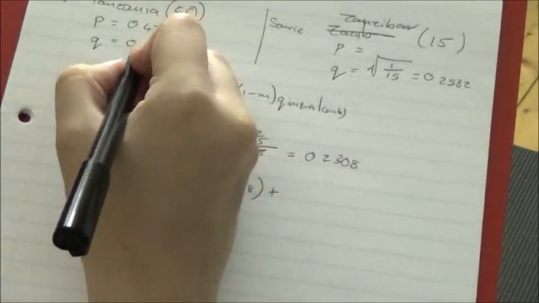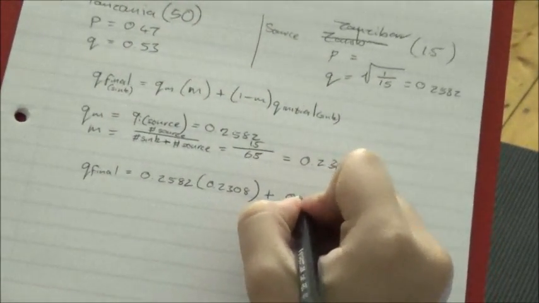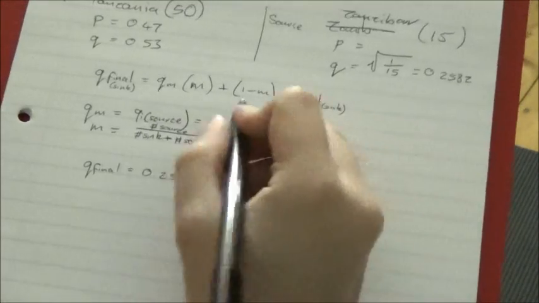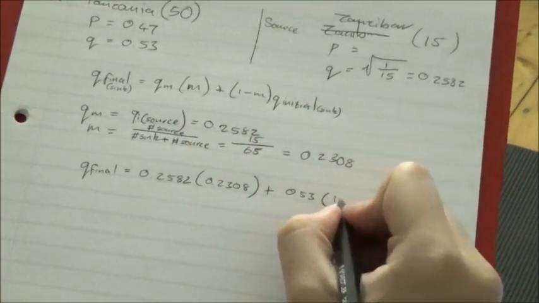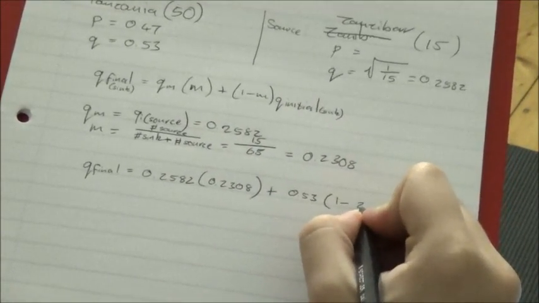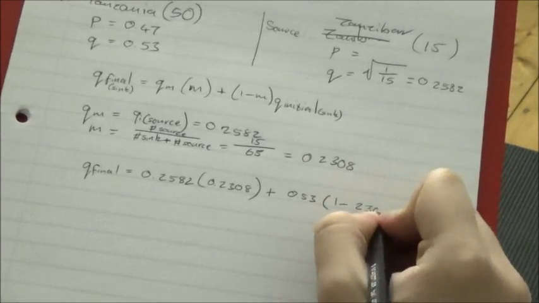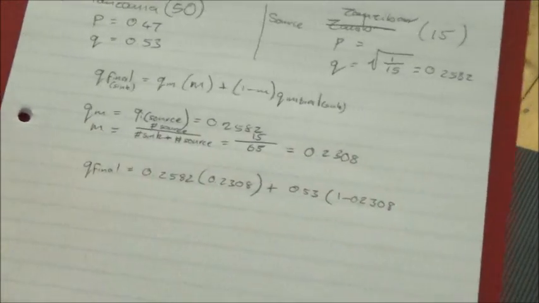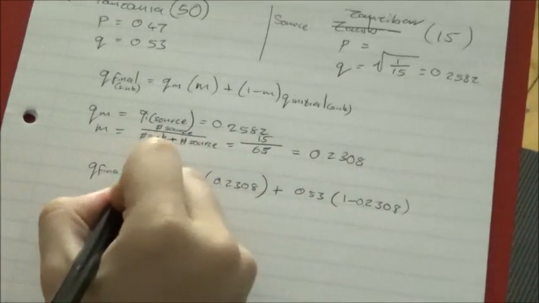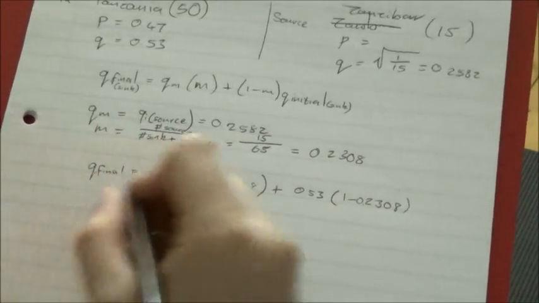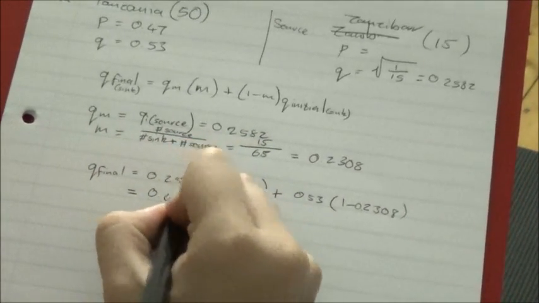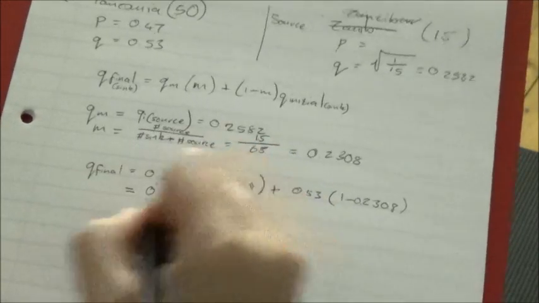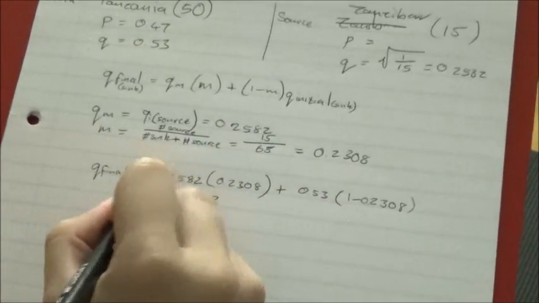So that Q initial is equal to 0.53 times 1 minus M, which is 1 minus 0.2308. Okay, and that will give us a final value of 0.4673. This is our Q final.